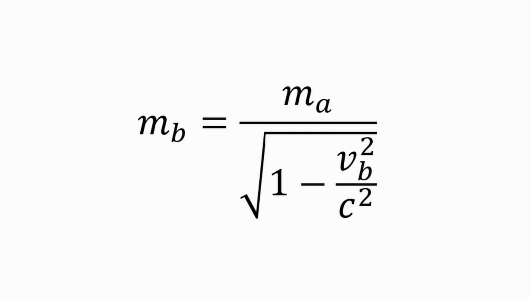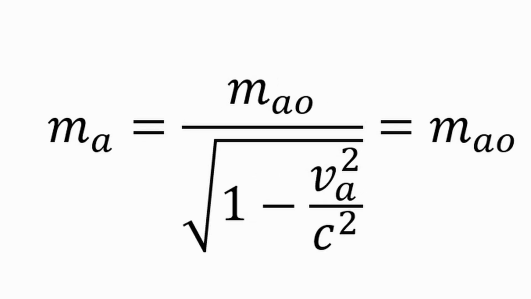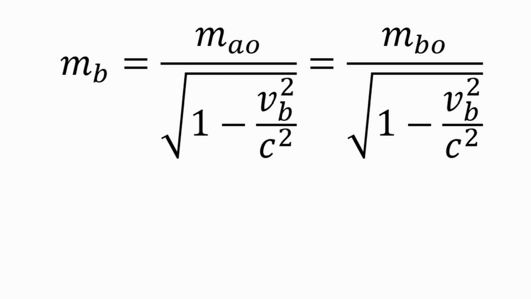We can define mass as a function of the particle velocity and its rest mass m0. For particle A we have, from the equation for mass mb it is clear that particle B has the same rest mass as particle A.